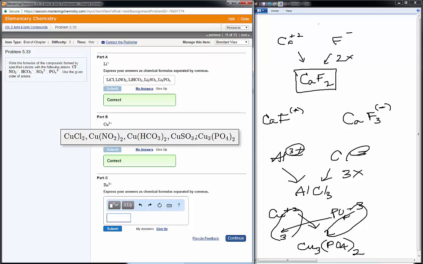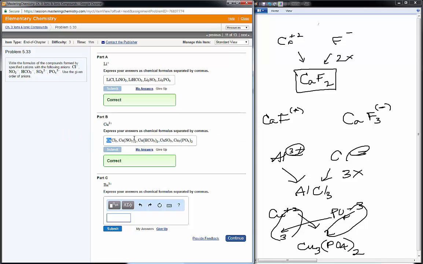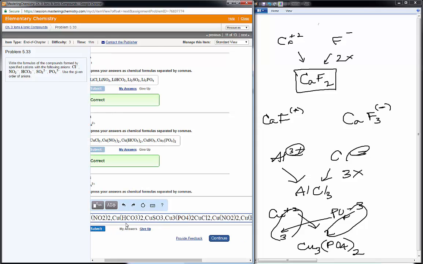Finally, barium is going to look exactly the same as this, because this is 2+ and that's 2+. So the ratios will be identical. I don't know if I can copy and paste that, but that'd be convenient, wouldn't it? So I'm using barium instead of copper. The subscripts did not translate. Barium here, barium here, barium here.